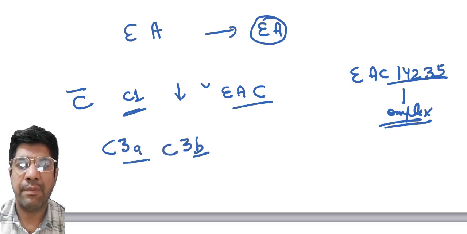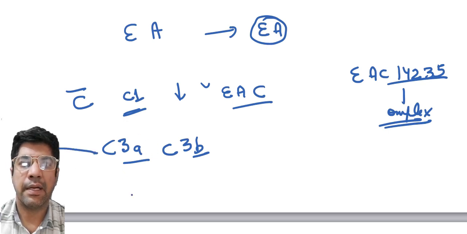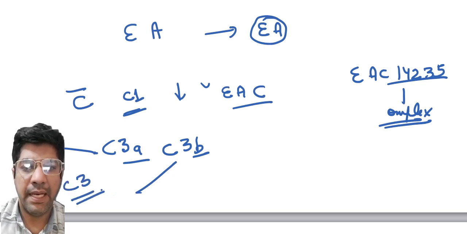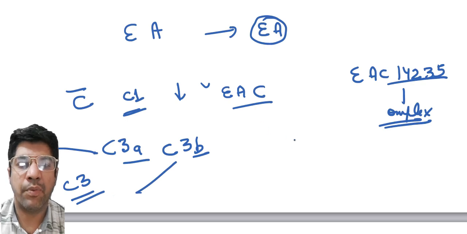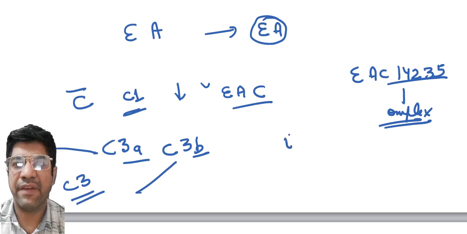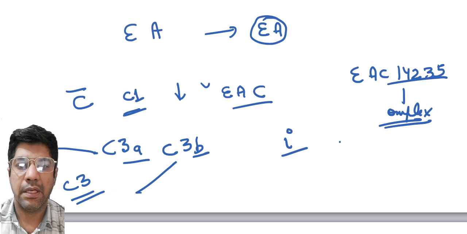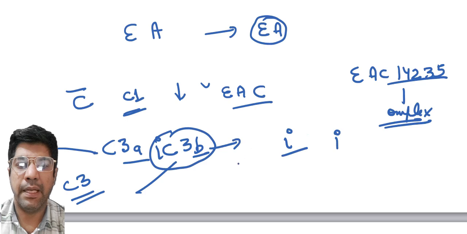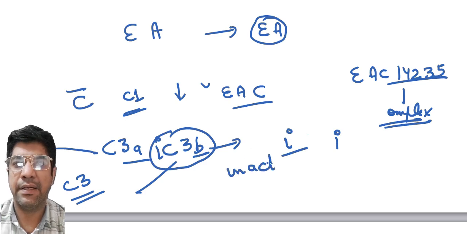They are the two fragments that are derived from C3. Inactivation of the complement components is indicated by the prefix i, so like iC3b would be an inactivated form of C3b.